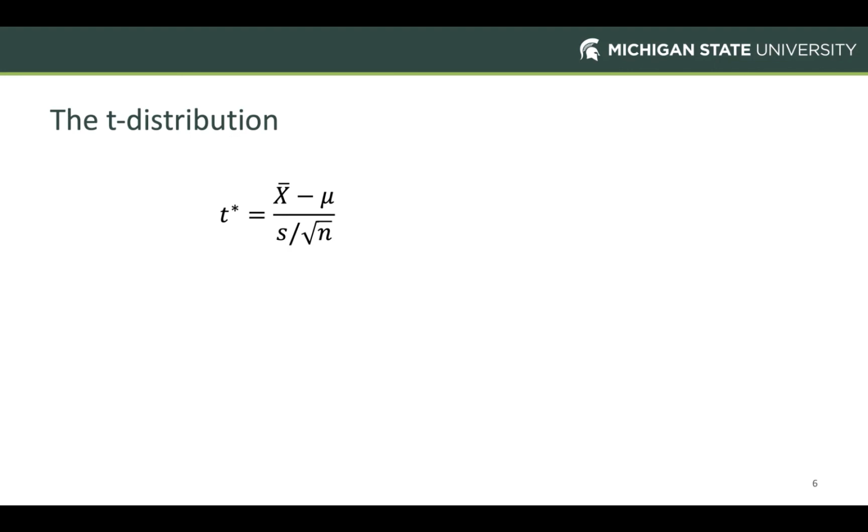And so to kind of illustrate this, this is a plot of some different t-distributions. And so each of these corresponds to a different number of degrees of freedom. And so for our intents and purposes, our degrees of freedom are going to increase as our sample size increases.